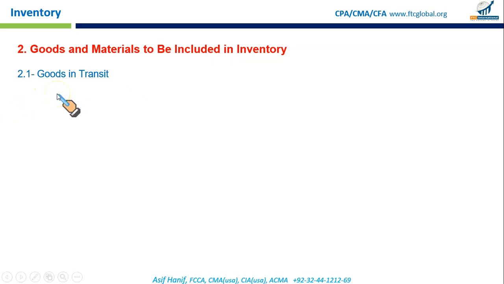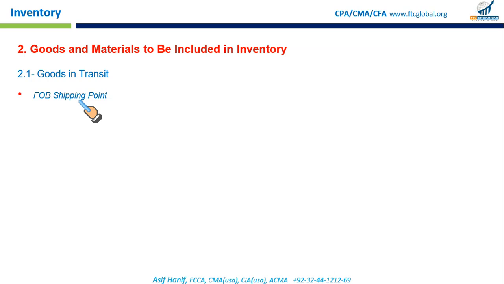Goods in transit. Goods in transit means the items that are being shipped from seller to the buyer, and when the title passes depends upon the agreement between the two parties. If the agreement is FOB shipping point, and FOB means free on board, the title passes to the buyer when the seller ships the goods, meaning when the goods are handed to a carrier for shipping.